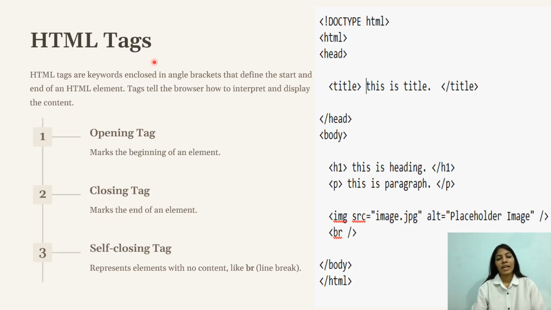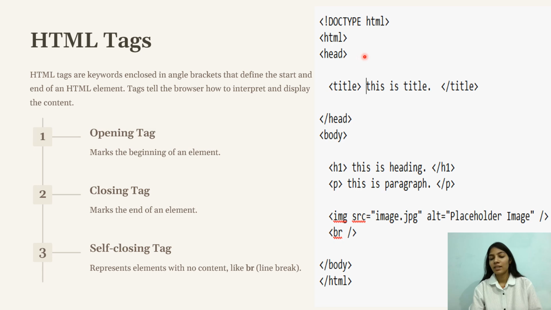HTML tags can be categorized mainly into three types: opening tag, closing tag, and self-closing tag. Basically, one kind needs an opening tag and a closing tag, and the other is the self-closing tag. For example, we see here the head tag.